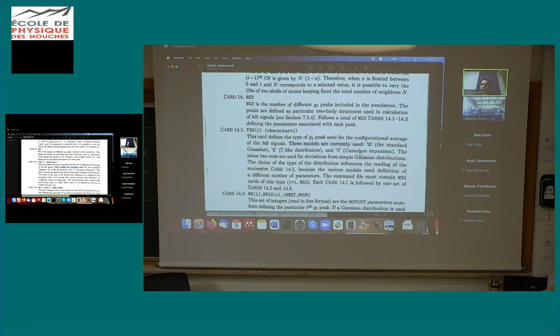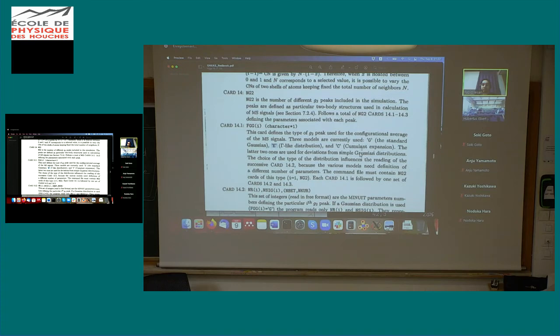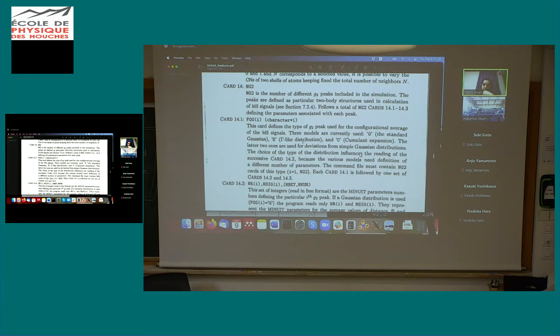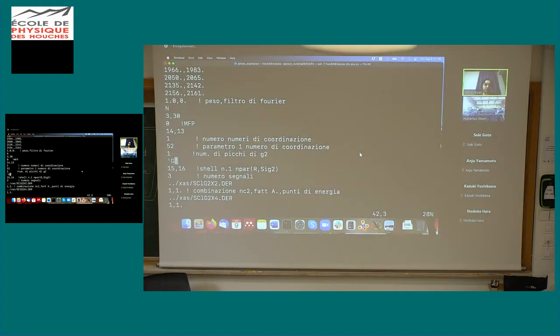G, as I said, is a standard Gaussian. E is a gamma-like distribution, and C is another possibility, the so-called cumulant expansion. Maybe it's another way of expanding the two-body signal. So let me go back. In this case, we do Gaussian.